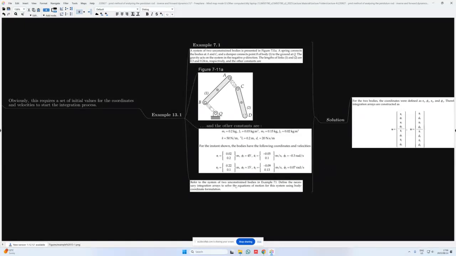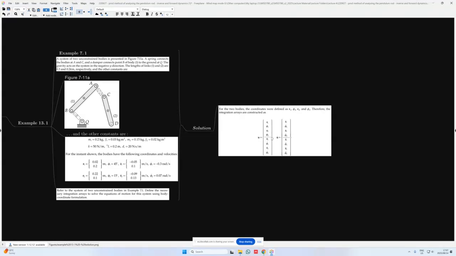We can refer to this system of two unconstrained bodies and define the necessary integration arrays to solve the equations of motion for this system using the body coordinate formulation. The solution over here is simply to combine your q, q dot, and q double dot vectors in the correct form so that you end up with the u and u dot vectors. This is shown over here. So you just have r1, phi1, r2, and phi2.